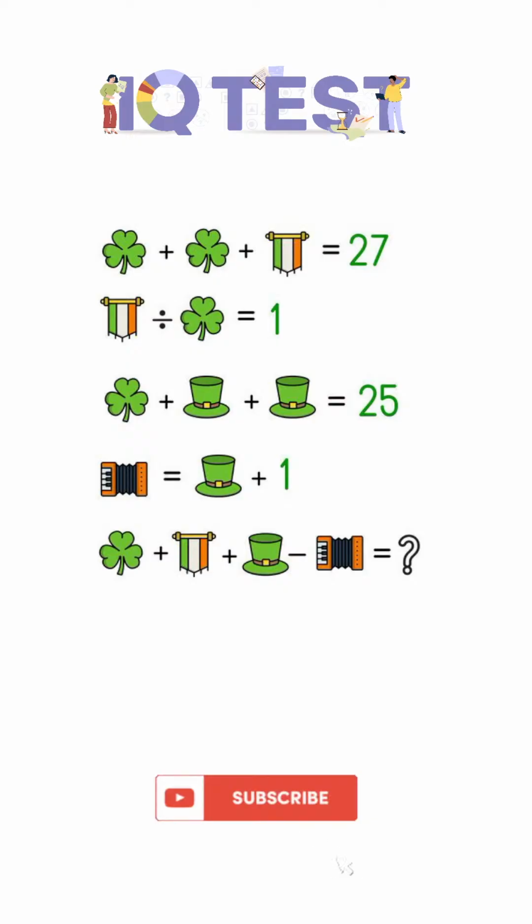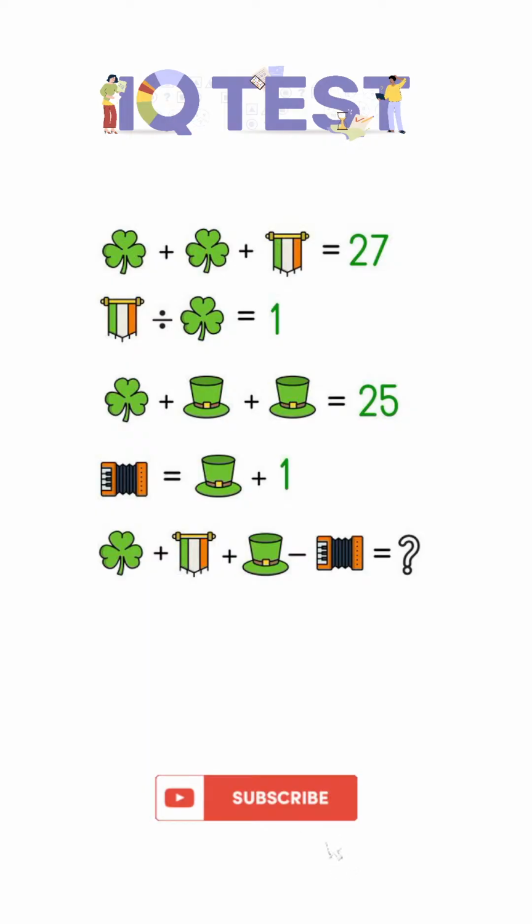Flag is 9. Okay, and then the heart here is 8. And then the musical instrument is 8 plus 1, which is also 9.